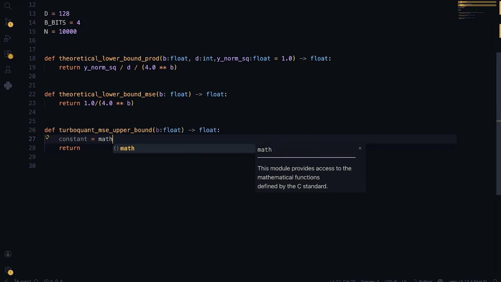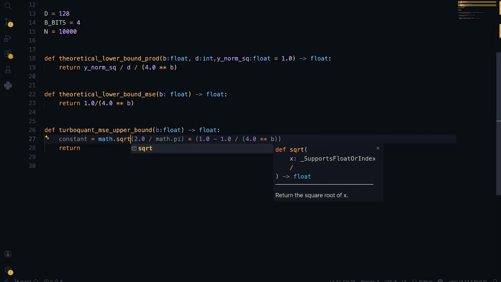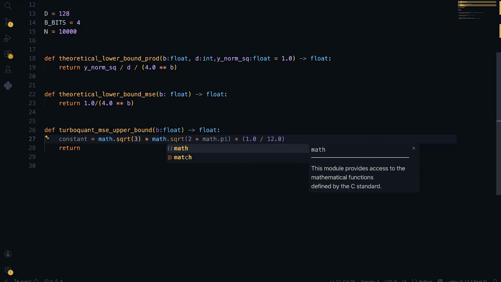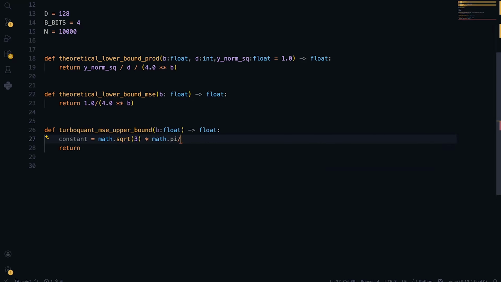Constant is math.sqrt(3) times math.pi divided by 2. So the constant is roughly around 2.72. That's what TurboQuant promises. So constant divided by 4 to the power of b.